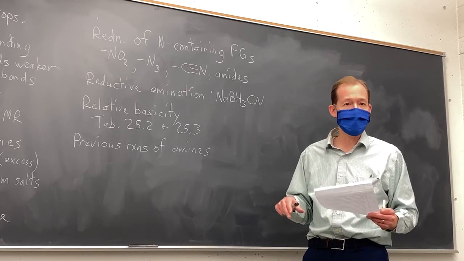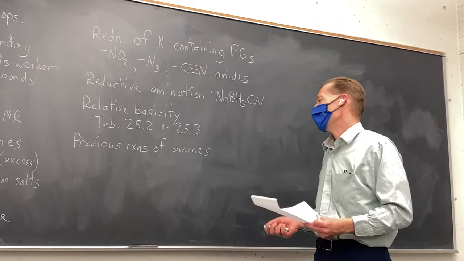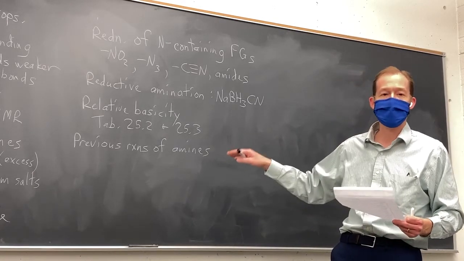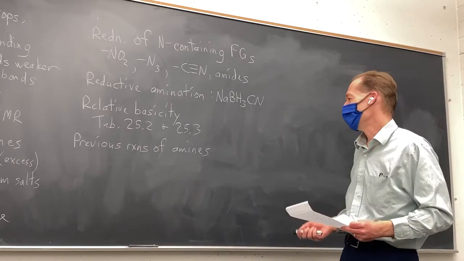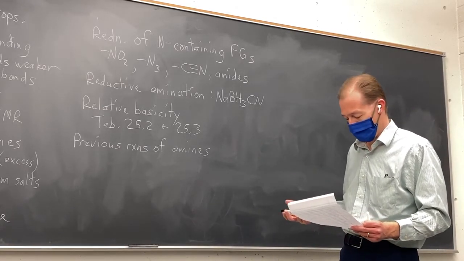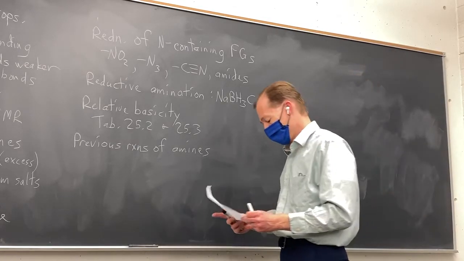We can form amides by reacting with acid chlorides or anhydrides. And in this chapter, we learned about how you could use those amides as protecting groups. They are useful as protecting groups in Friedel-Crafts reactions. So that was a good example.